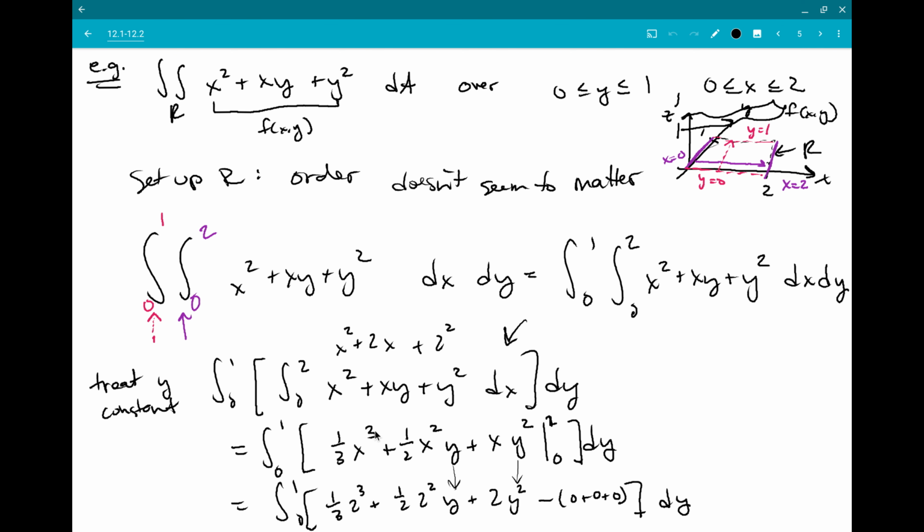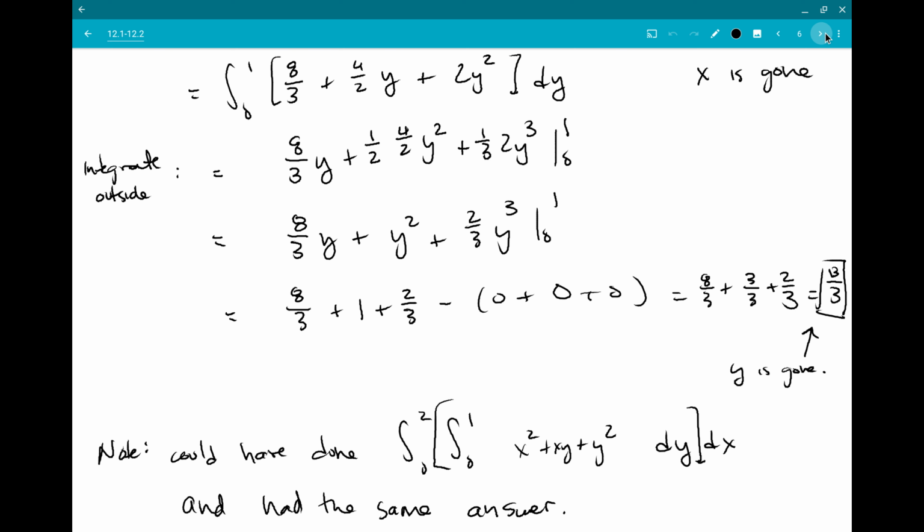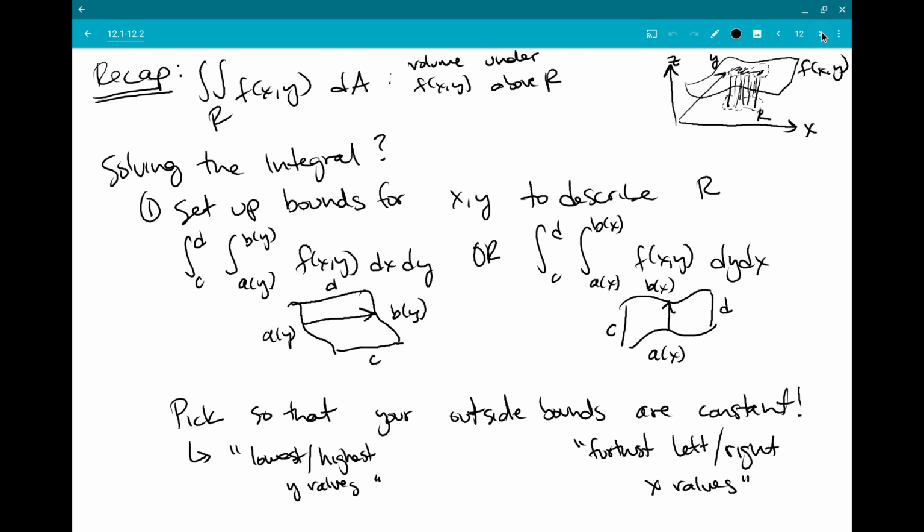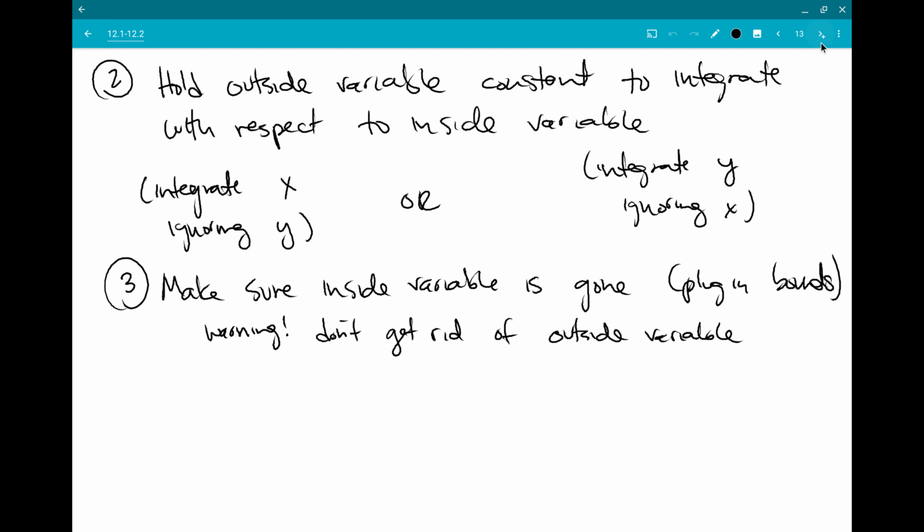This one right here, I took my integral with respect to x and then plugged in numbers. Make sure that you keep all your y's. Don't plug in numbers for them. Only plug in numbers for the x's, and vice versa if you're doing the other order. Again, that's the kind of thing that I say, and it sounds silly, but when you get deep in these problems, it's really easy to forget which variable you're working with.